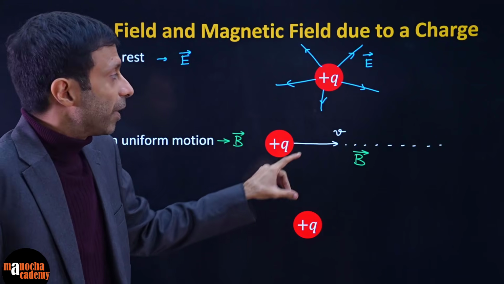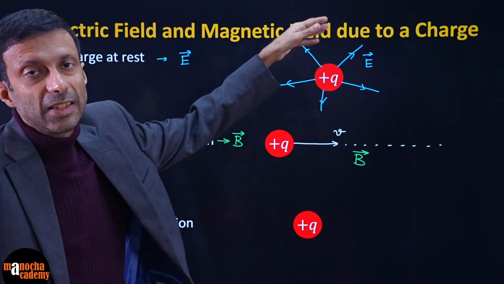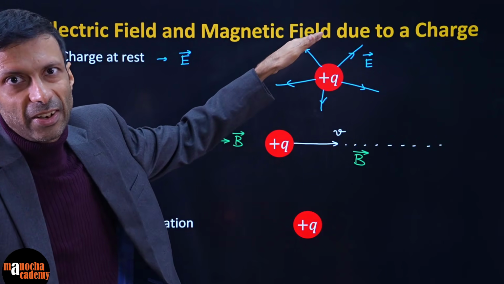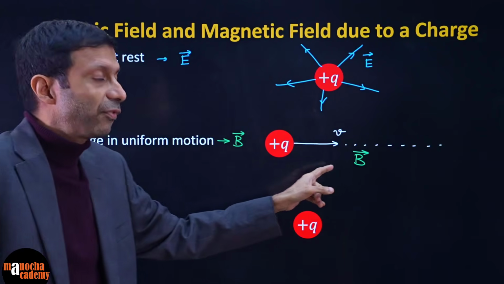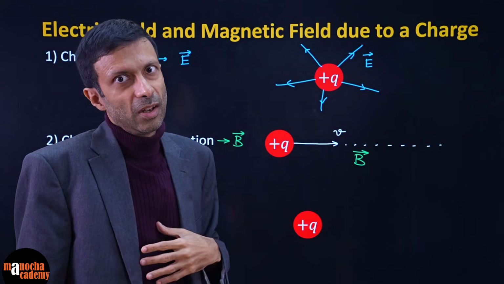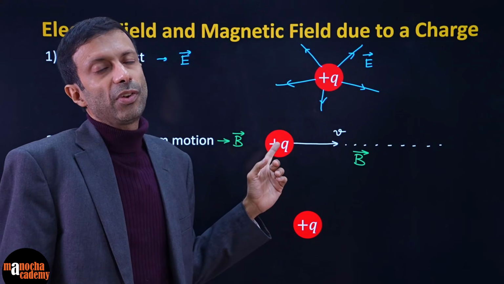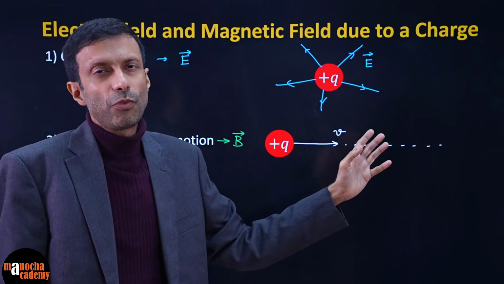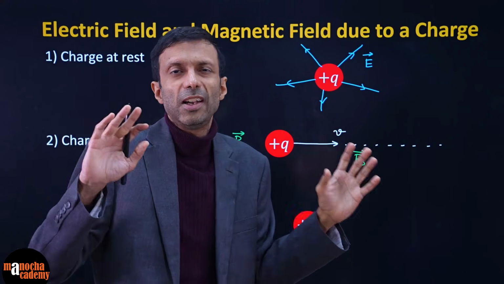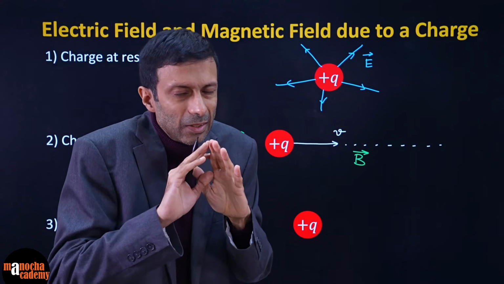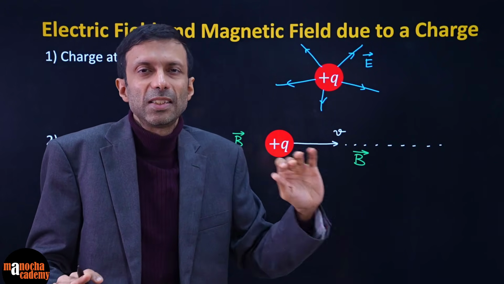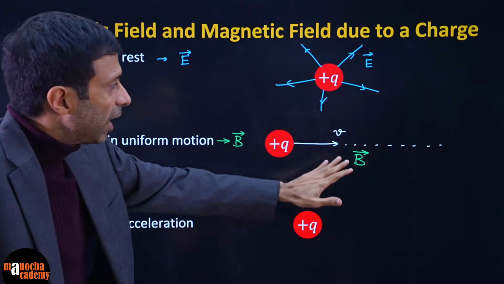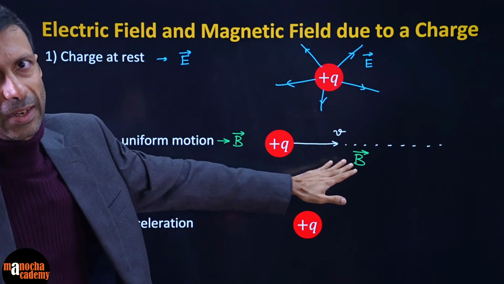Yes, but one important difference is that here there is no magnetic field because it's at rest, whereas here, because of current, there is definitely a magnetic field. Now this charge will also have an electric field around it, but because the charge is in uniform motion, this gets into some relativity theory, and we consider it out of scope and focus only on the magnetic field.